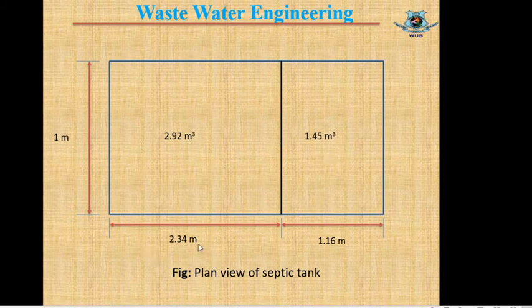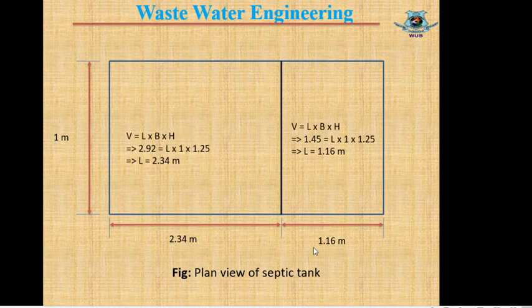So how have we calculated the lengths 2.34 and 1.16? Let's see. We know volume V equals L into B into H. Here volume V equals first compartment volume 2.92 meter cube.